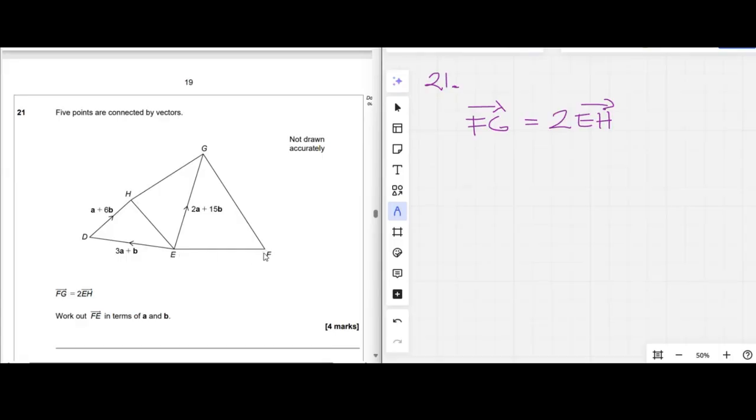Okay, so that FE vector is negative EF, so in the different direction. And that EF vector, we can build it from EG vector plus GF vector.